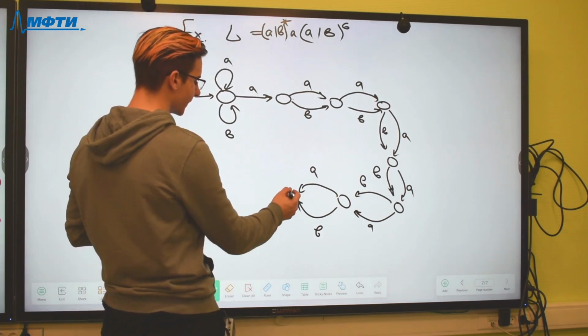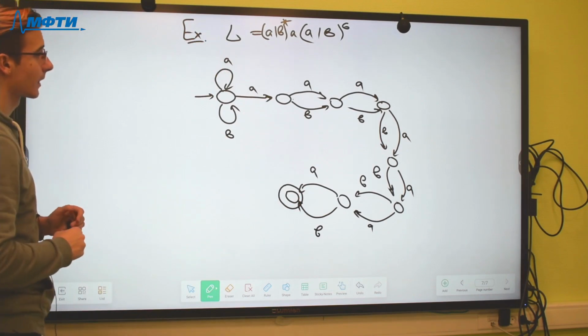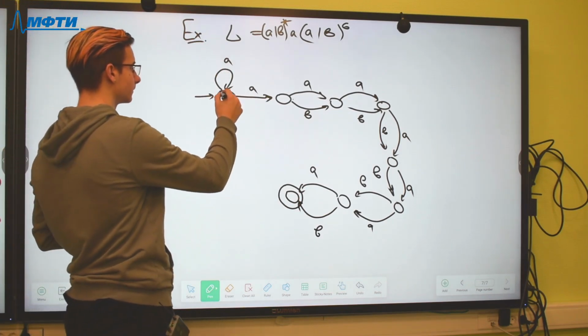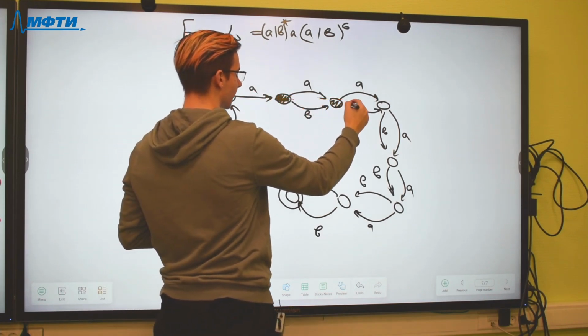Yeah, and then we say that it is the final state of this automaton. It is the vertices of this graph.